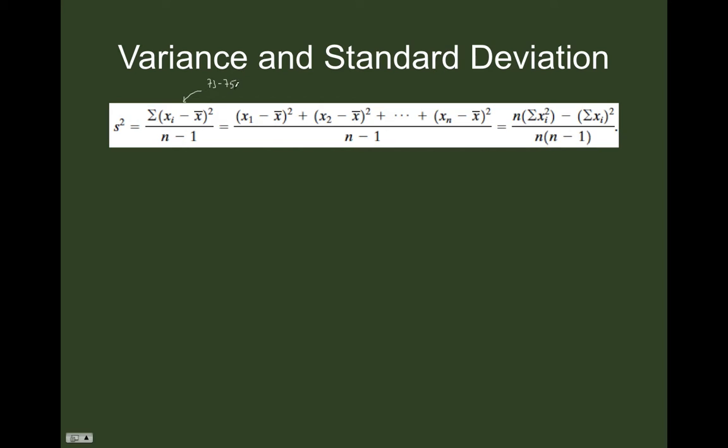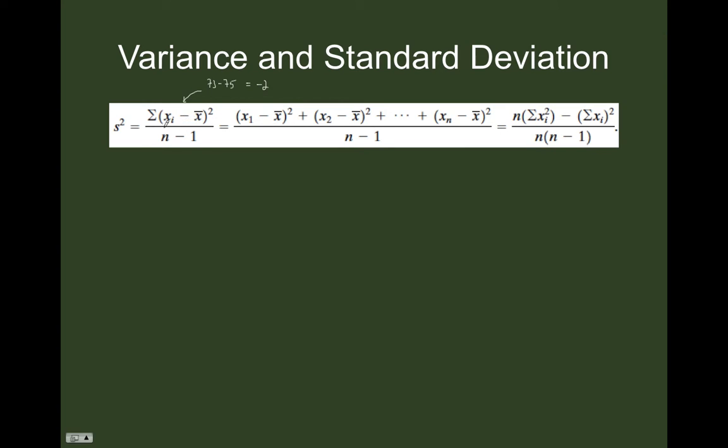What's in the parentheses in the numerator is an expression that looks a lot like the deviations. As a matter of fact, what is in the parentheses here are all of the deviations.